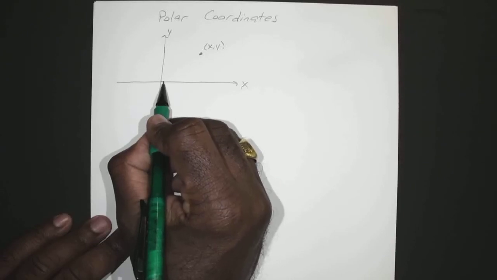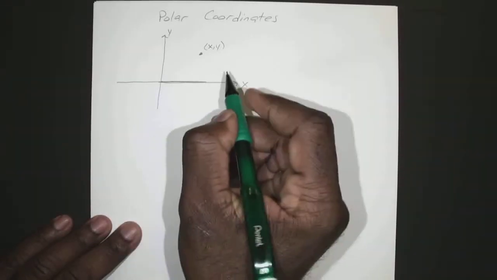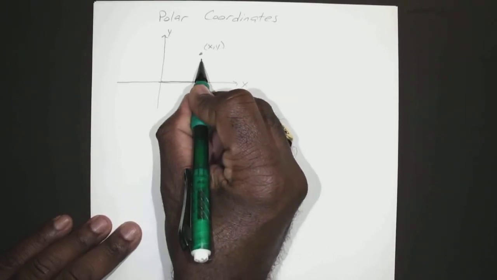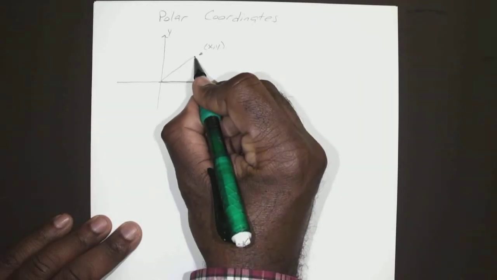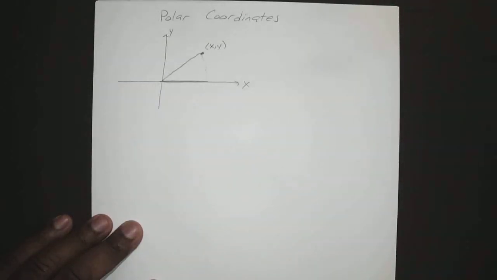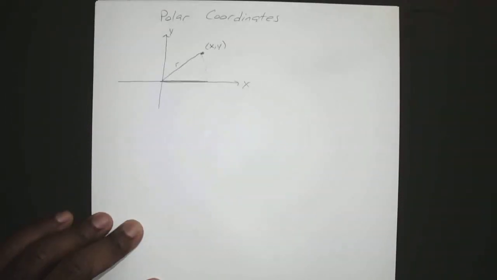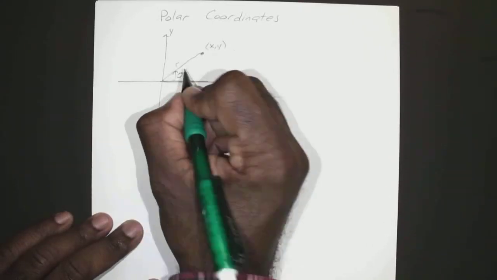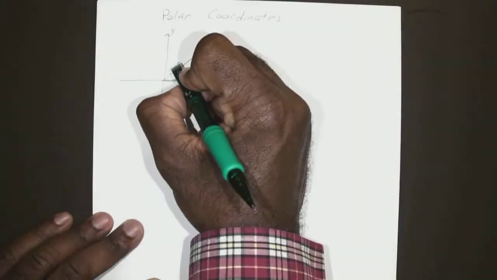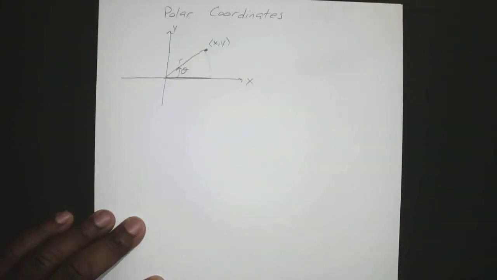What you do is they go out a certain distance, and then they swing it up to end up right at the same point. Okay. So they go out a distance of r, which is your radius, and they swing it up a certain number of degrees, which is your theta. Okay.